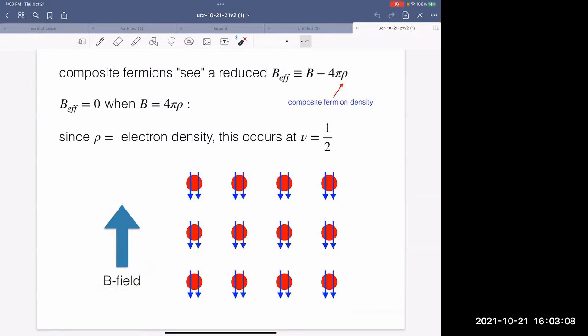Well, the total field is just the external field minus the magnetic flux contributed by these vortex tubes, flux tubes. And so the total, or effective field, seen by the composite fermions is reduced in this manner. In particular, when the external field is tuned in a precise way to the composite fermion density or electron density, the effective field can vanish. This occurs precisely at 1/2 filling fraction.